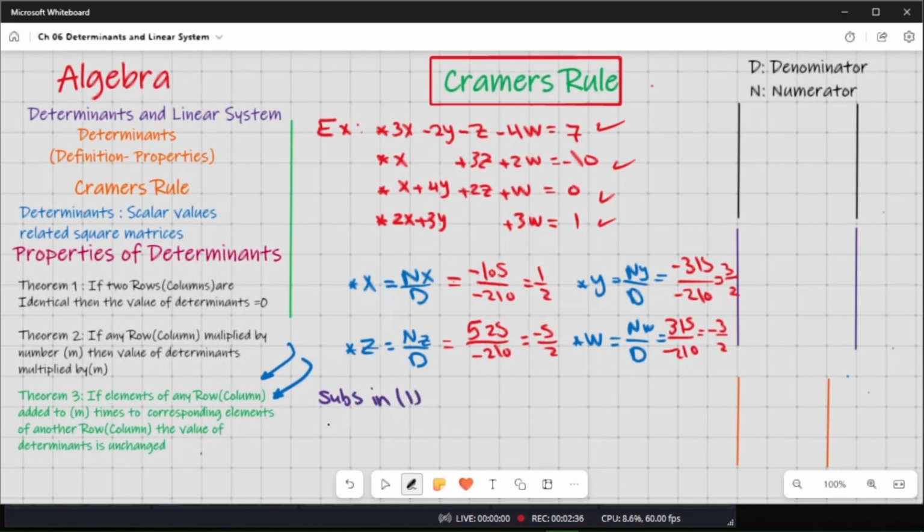So we have here 3 into 1 half, here minus 2 into 3 half, minus here will be plus 5 half, minus will be plus here 4 into 3 half.